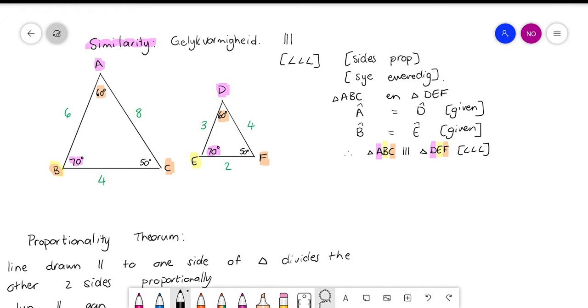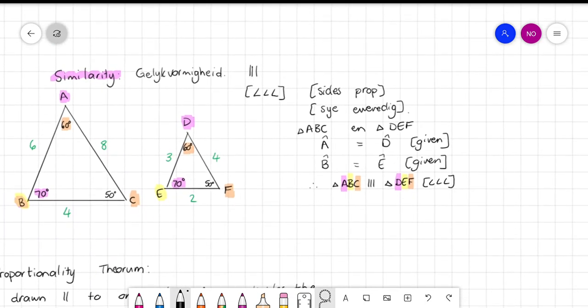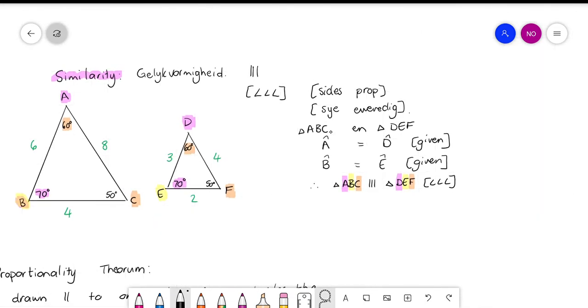Now I'm going to do the same triangles using proportionality. So I'm going to say AB over DE is equal to 6 over 3 is equal to 2. BC over EF is equal to 4 over 2 is equal to 2. AC over DF is equal to 8 over 4 is equal to 2.